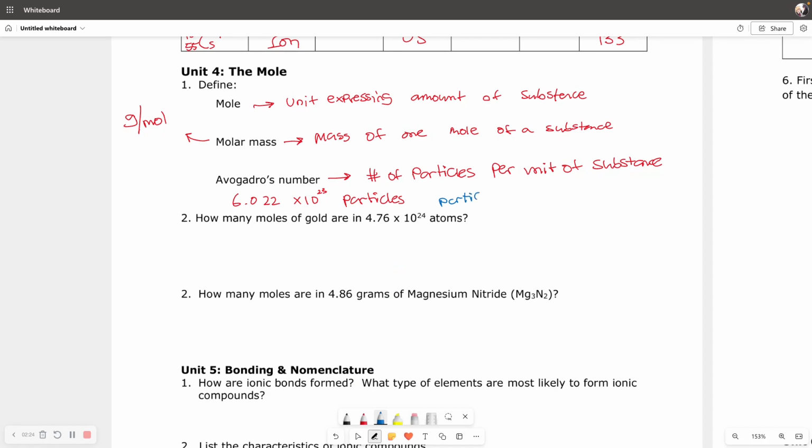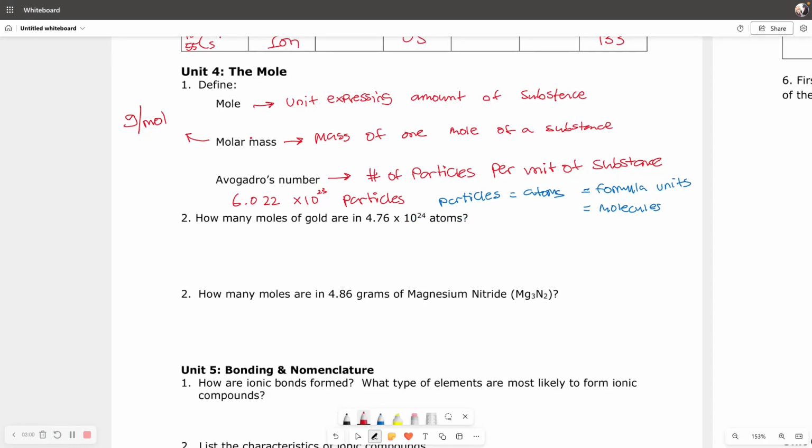So particles equals atoms equals formula units equals molecules. Those all mean the same thing, but all you have to know is that if you're given atoms, your units will be in atoms. You don't switch it to particles halfway through, or to molecules or formula units. You keep it as what it's given, in this case, atoms.